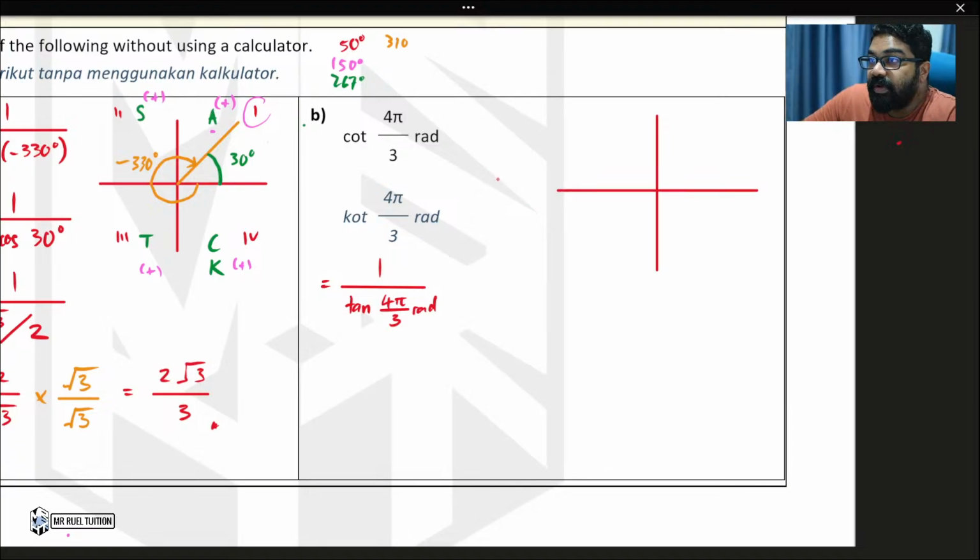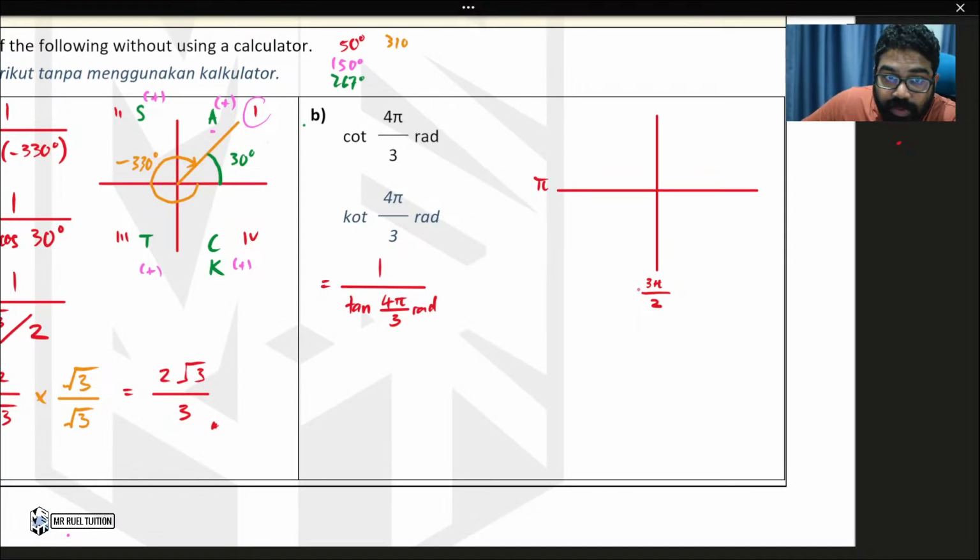So where will we find 4 pi over 3? If you check in degrees, you already know 240. Where is it? Third quadrant, right? But you can use your radian also. Between pi and 3 pi over 2, isn't it?